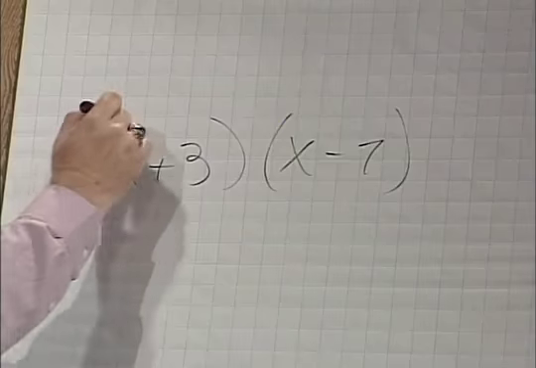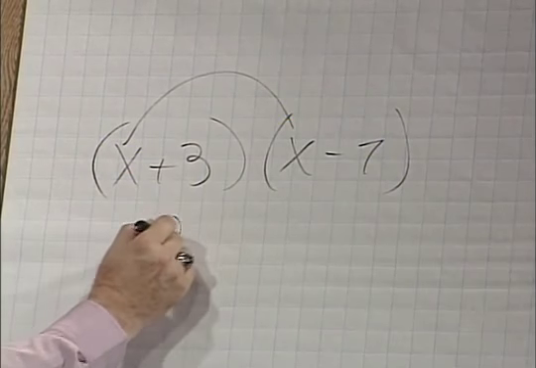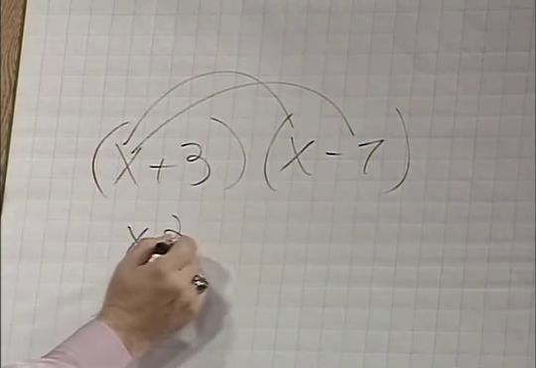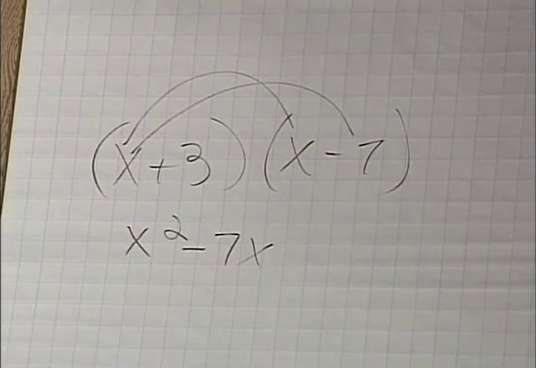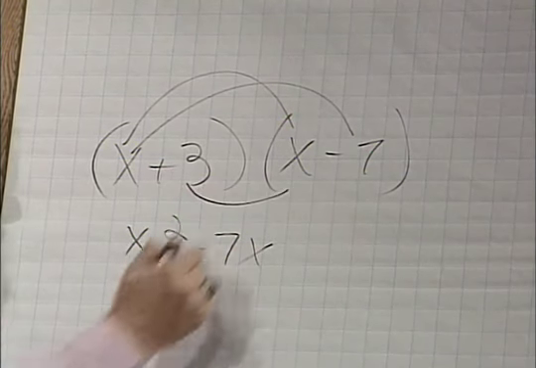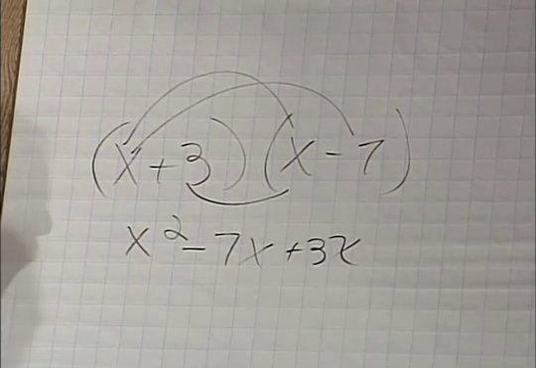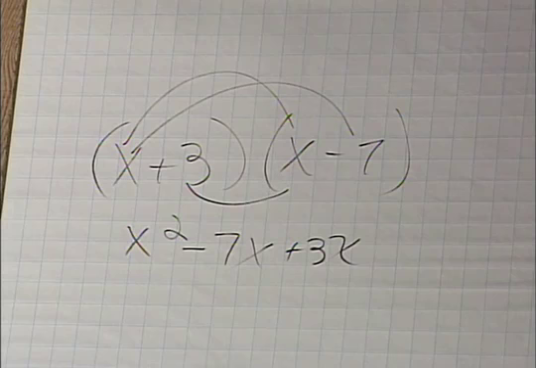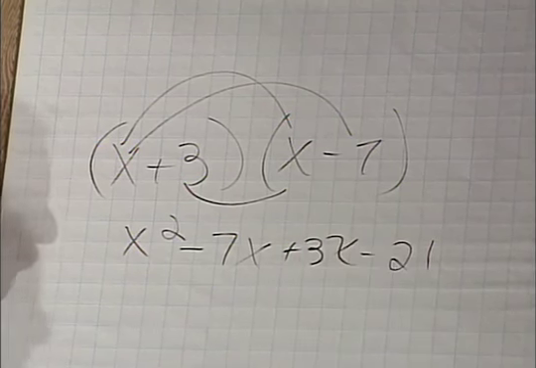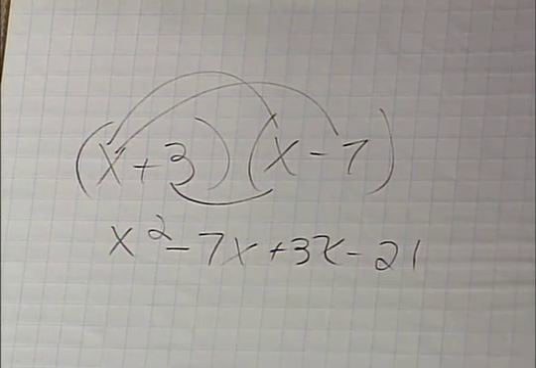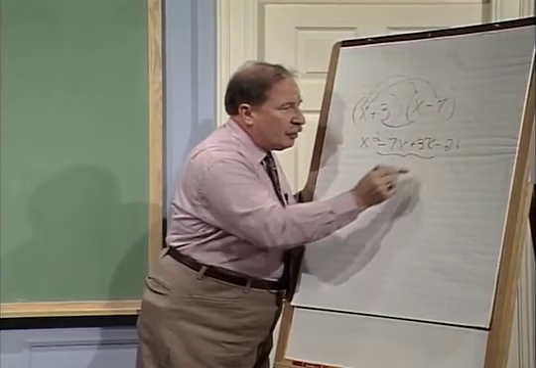And again, using the FOIL method, x times x is x squared. X times negative 7 is negative 7x. Positive 3 times x is positive 3x. And positive 3 times negative 7 is negative 21. Not done yet because I always need to combine like terms.